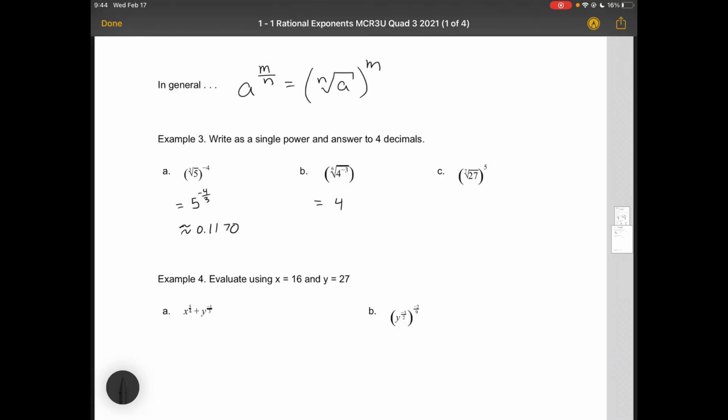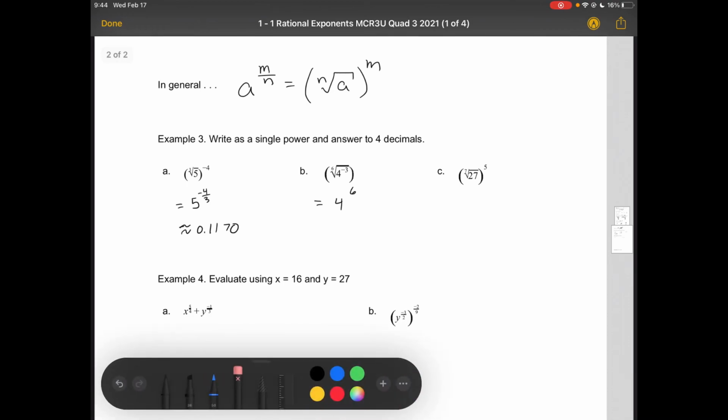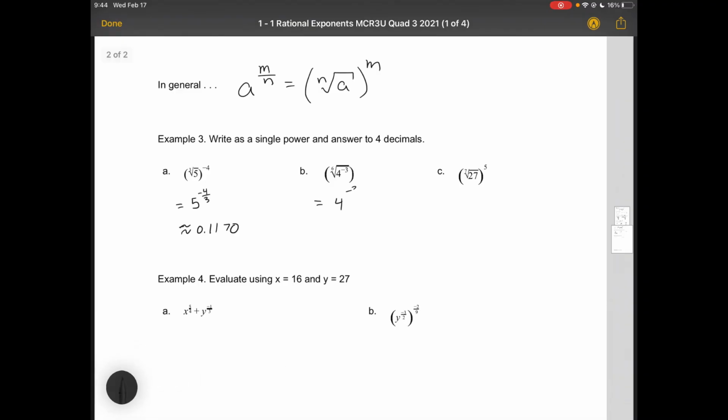Next one here, I've got 4 to the minus 3/6, which is the same as 4 to the minus 1/2, which I can evaluate without using a calculator as 1/2.